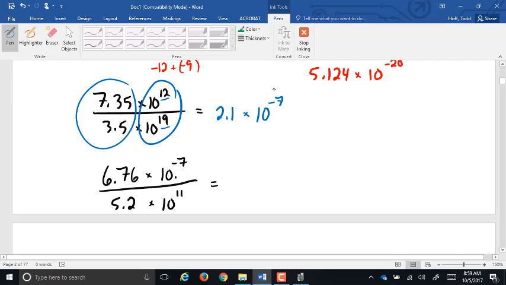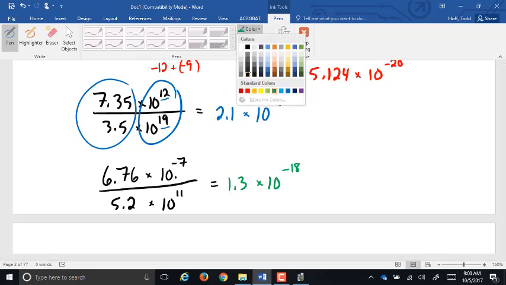So 6.76 divided by 5.2 is 1.3 times 10 to the negative 18. Really, very good.